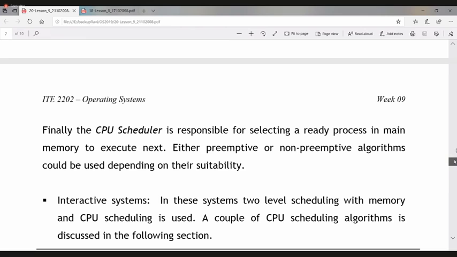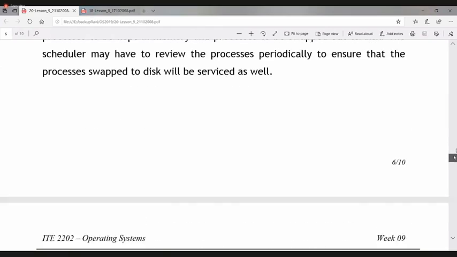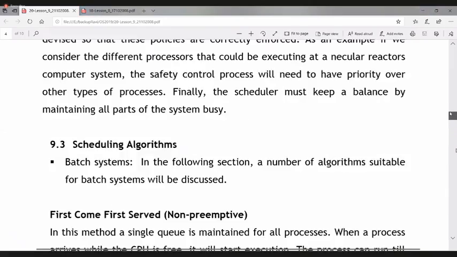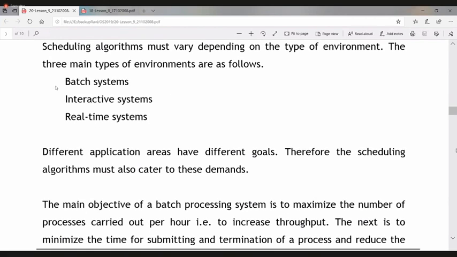Okay. So far we talked about batch systems. Remember, we started with three types of systems: batch systems, interactive systems, and real-time systems. So far, I have explained only batch systems.